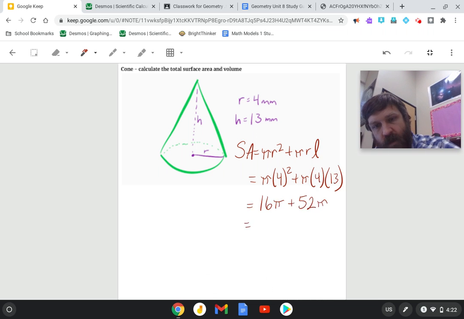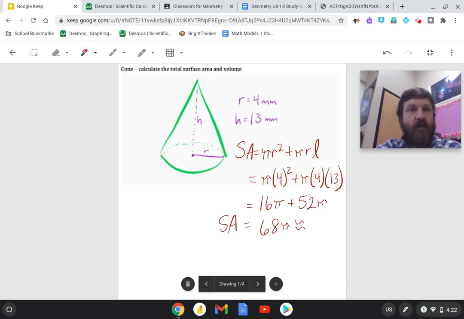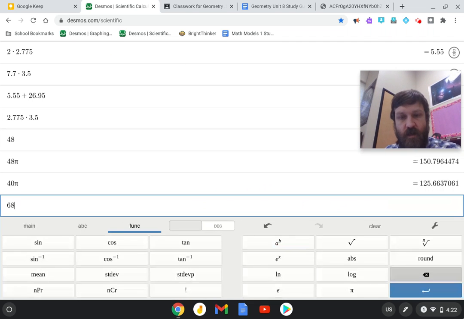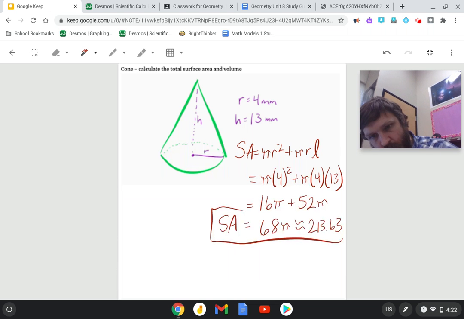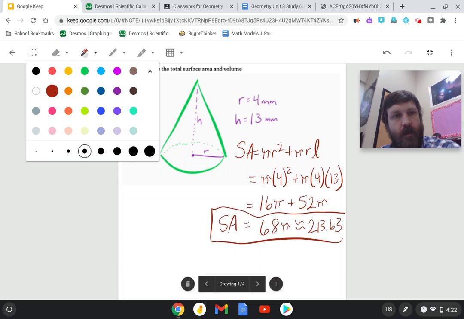Add those up, and we get 68 pi, which is approximately, jump over here, do the same thing we've been doing, 68 pi to 213.63. And that would be the surface area.